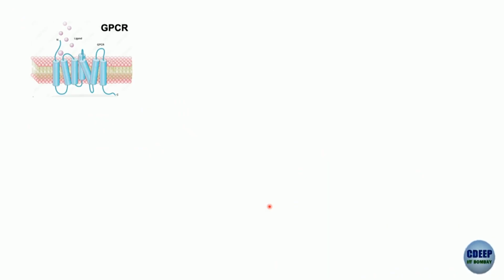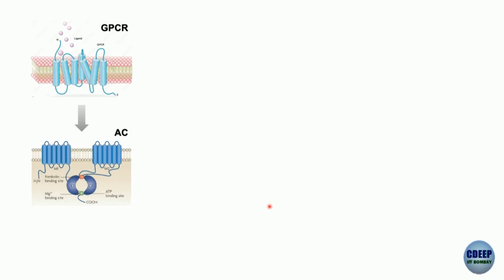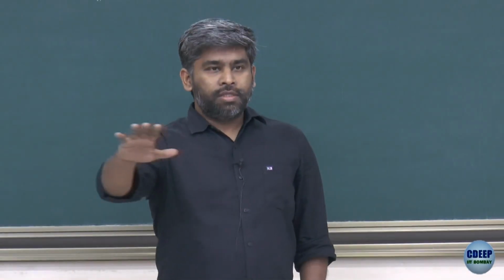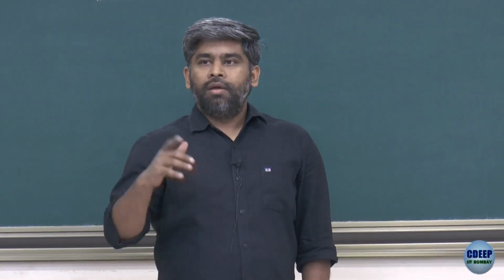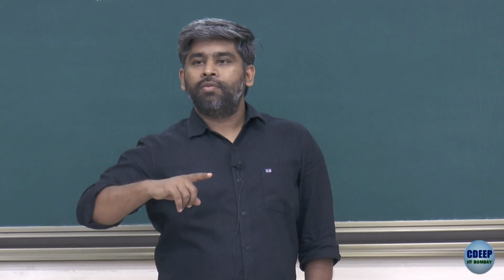Now, all of us know we have a GPCR, you have a ligand. Let's say epinephrine goes and binds to the GPCR, activates it. When it activates, we learned that it goes and activates the adenylyl cyclase. Once it activates adenylyl cyclase, it makes cyclic AMP. What does this cyclic AMP do? The whole purpose of studying all this mechanism, you remember in the phototransduction pathway what happened?